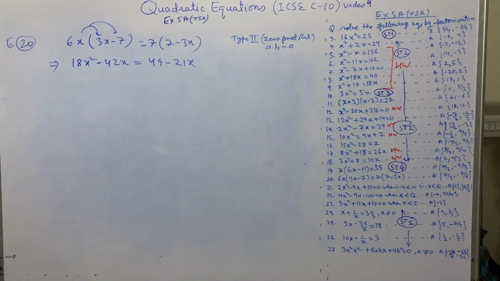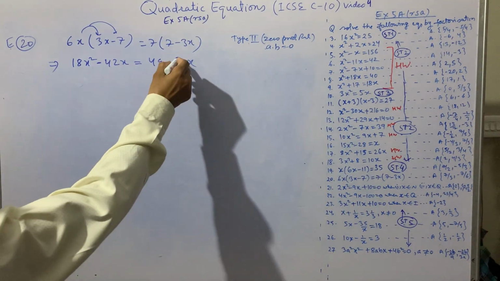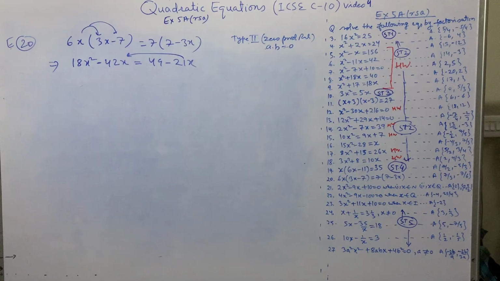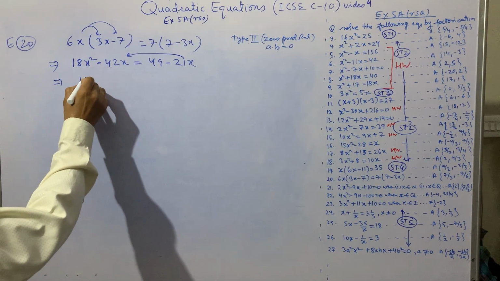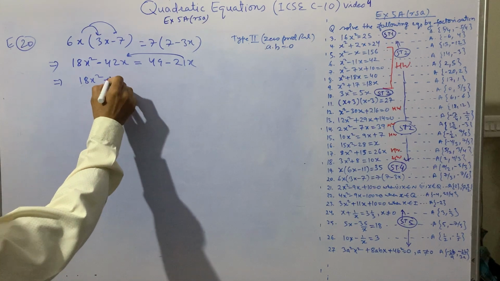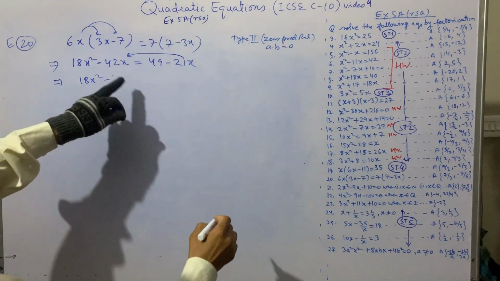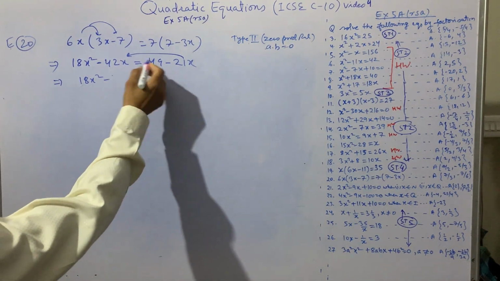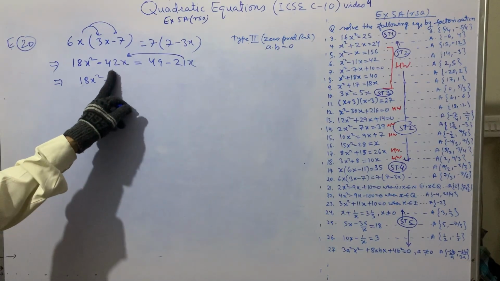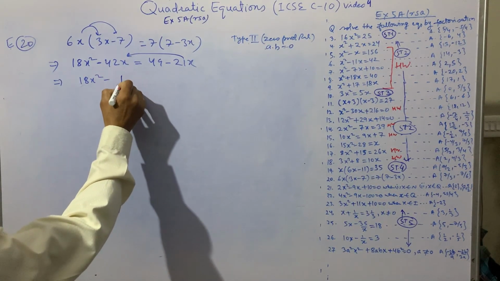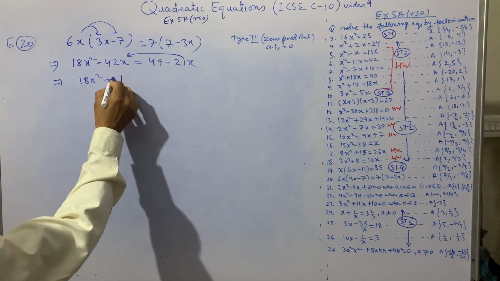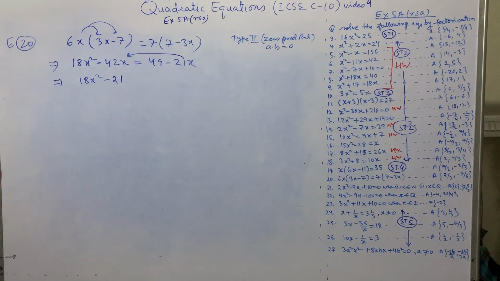So on shifting this x towards the left hand side, we get 18x square minus 42, and on subtracting, this becomes positive, but we'll get negative because it's a greater number. So 2 minus 1 is 1, and 4 minus 2, you get 21, isn't it? So we're getting 21x.